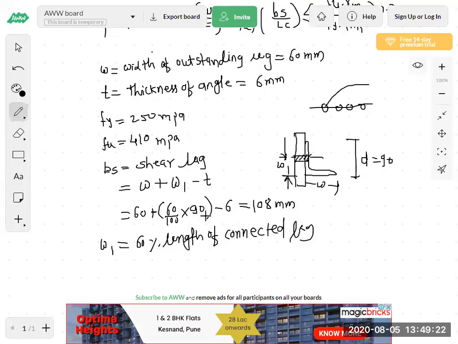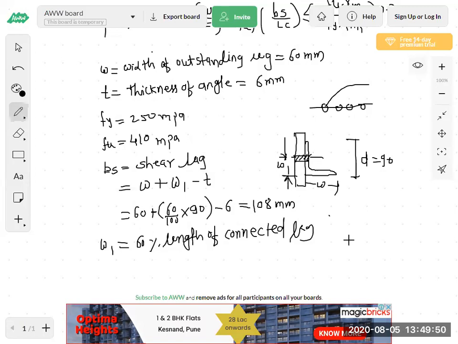This is W1, minus T, the thickness. Are you getting now? So shear lag, I have told you. What is shear lag? So 108 mm is the shear lag.